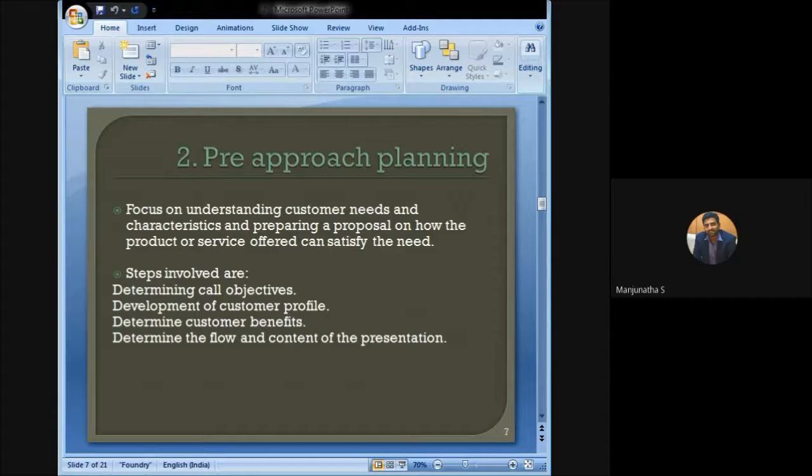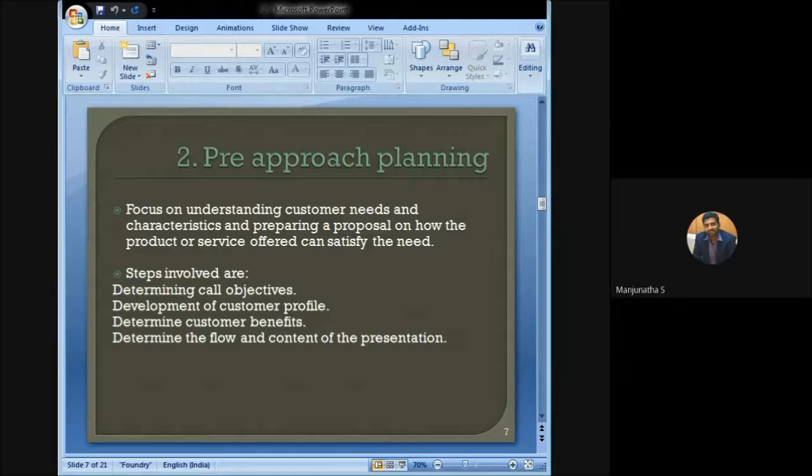Then how the product and services offered can be customized and commercialized to satisfy their expectations, meaning their needs.